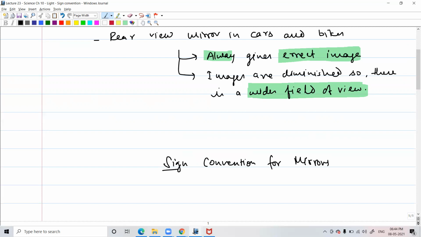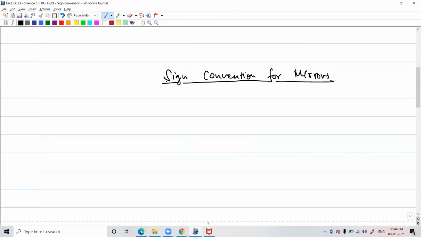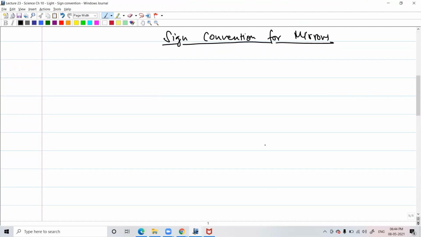And this sign convention will be applicable equally for lenses also. So make sure you listen to it carefully and understand, and when we go through the sign convention of lenses, it will become very easy for you. Okay. So we'll go through the sign convention of concave mirror first.